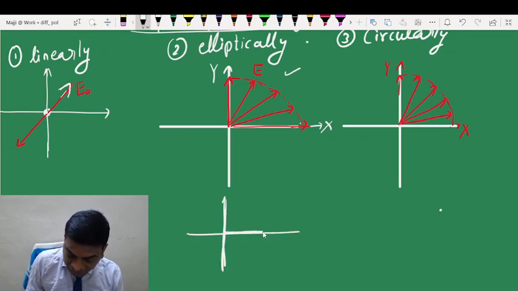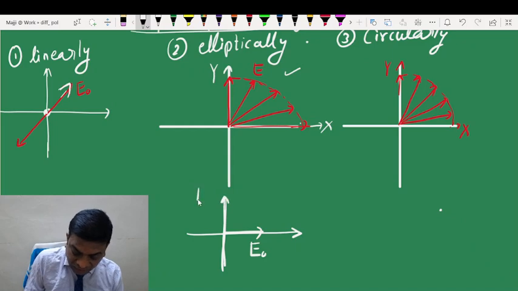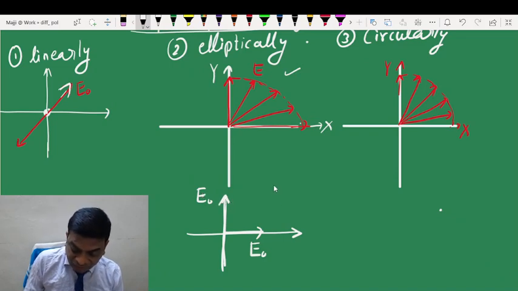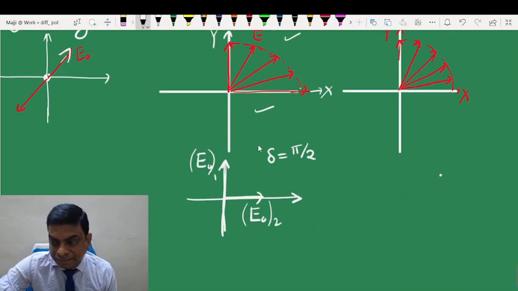Suppose you have a linearly polarized electric field along the x-axis, and another linearly polarized electric field along the y-axis. Their phase difference is exactly pi by 2, let us say, and also they are different in magnitudes. Then you'll get elliptically polarized light.